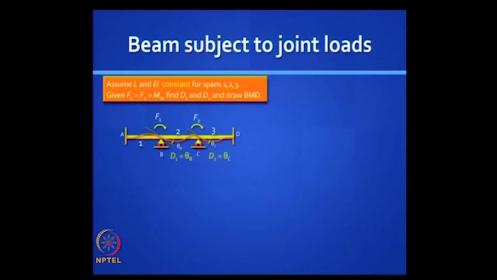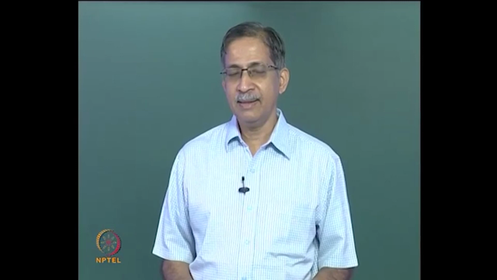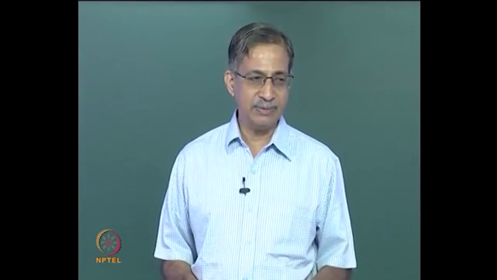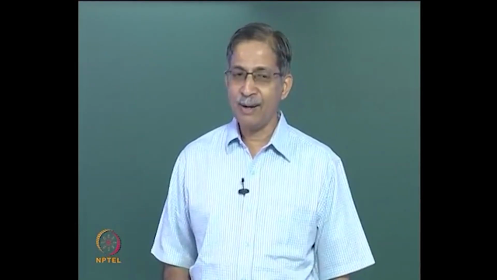Two concentrated moments are applied at the joints B and C, and the challenge is to analyze this beam completely, which means find the bending moment diagram after finding the unknown rotations D1 and D2, theta B and theta C. So the stiffness matrix for this is this. I presume you got this from the last slide, right? How to proceed from here?